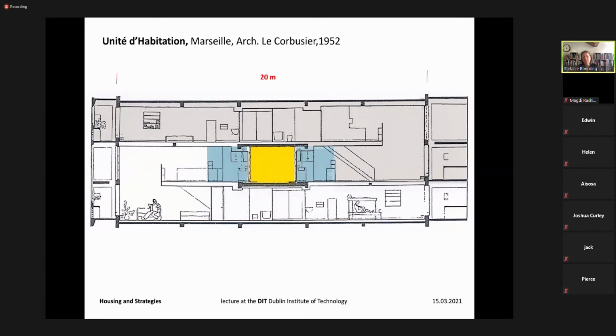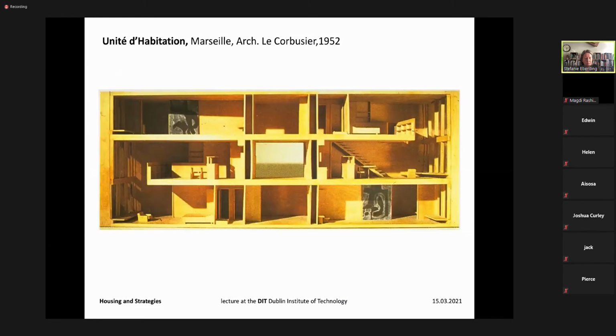The whole Unité d'Habitation is based on the modular dimensioning system. So it's worth taking a look at it, but we are short in time, so I will go over it really quickly.